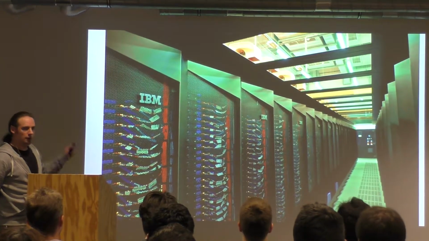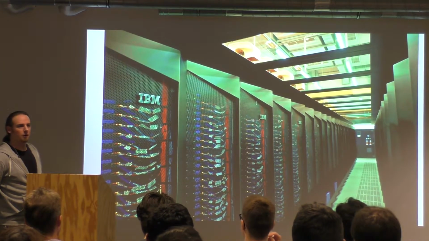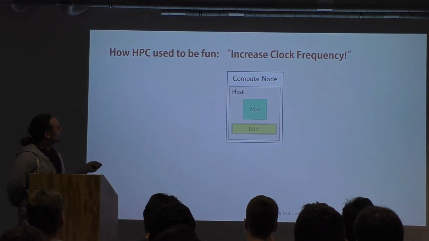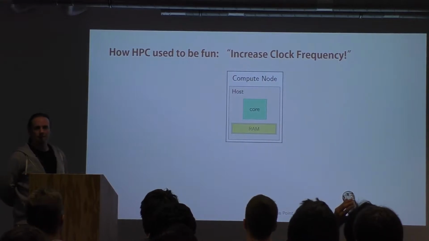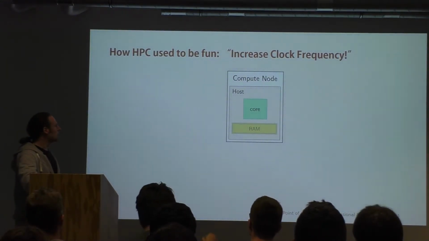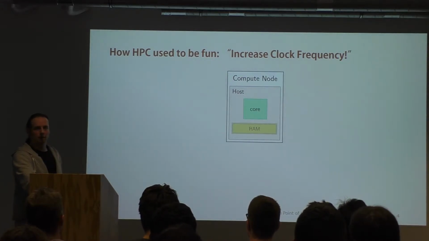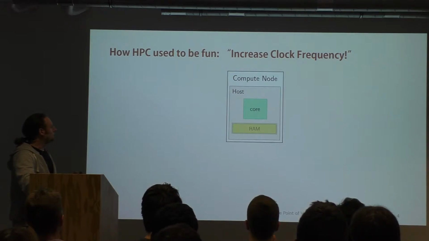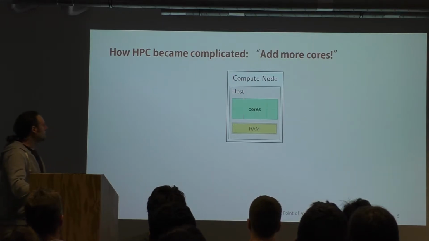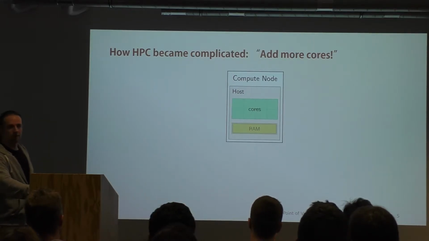I'll just give a really brief wrap-up of the chronological changes in high-performance computing. First, we had this one huge mainframe, like those big old trays that looked really fashionable, that had one core and working memory, and perhaps some tape archive. And we just increased clock frequency because there was lots of space between those transistors. Then this space ran out, and all we could do is add more cores.